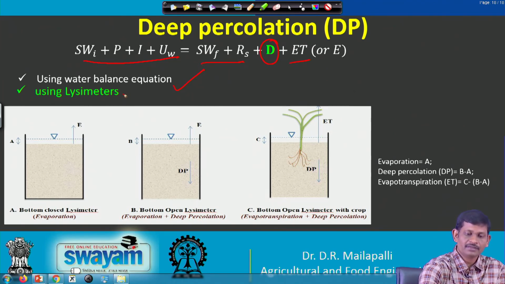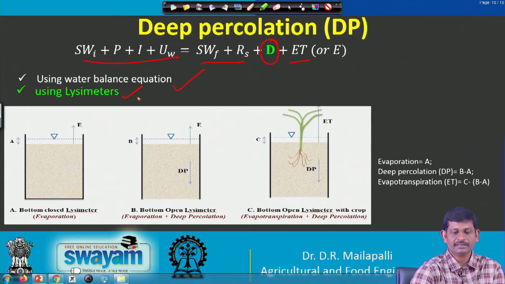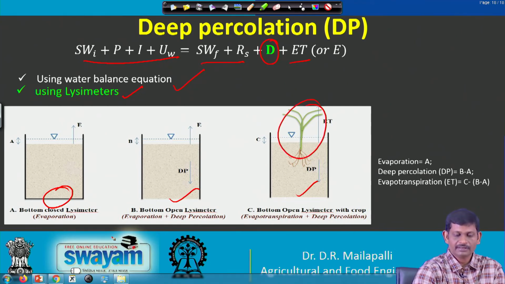Otherwise, you also have the lysimeter setup, where there are 3 lysimeters, one with a closed bottom and the other two with open bottoms. You have a plant here, and then the deep percolation here, 1 and 2. So B minus A will give the deep percolation amount.